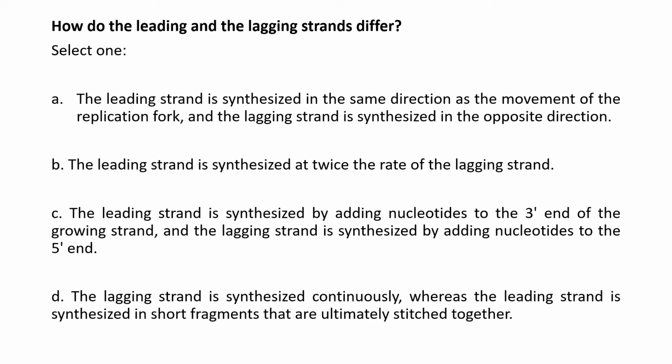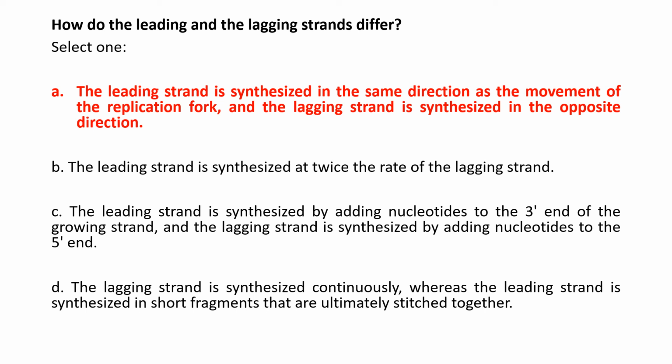So they give you these 4 options, and the right answer is A. Okay, so as we said, A is the correct answer, and if you remember the schematic that I will show you in a second, we were talking that there is a lagging and a leading strand, and the leading strand is synthesized continuously, in the direction of the replication fork, while the lagging strand goes away from the replication fork and is synthesized discontinuously. So A is correct.